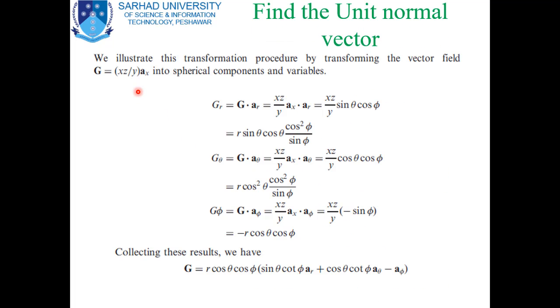In this problem, we have to convert the expression of g, which is given in the Cartesian coordinate, and transform it into the spherical coordinate. In order to transform the expression of g from Cartesian to spherical, we have to take the dot product of g with ar, a theta, and a phi.